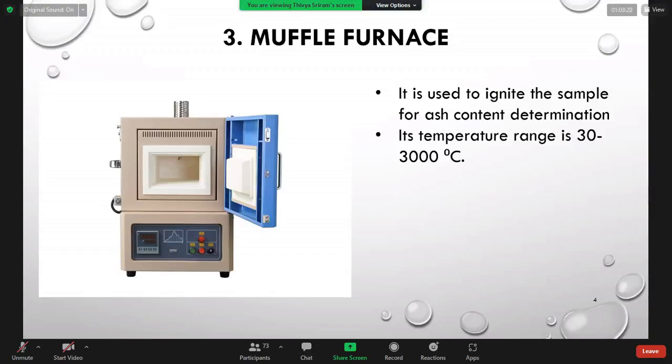Here, the temperature should go up to 500 degrees Celsius. After the finishing of the process, we can't quickly take the sample from the muffle furnace. We have to wait for several hours for this equipment to reach room temperature.